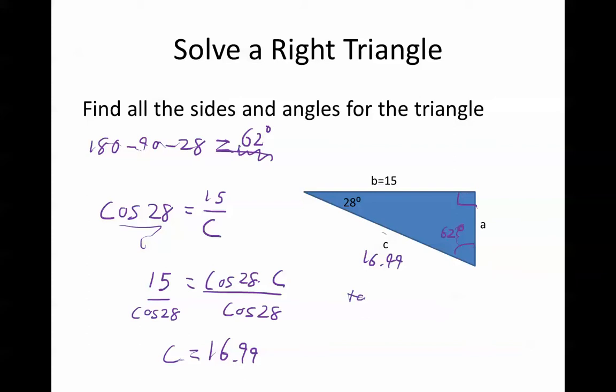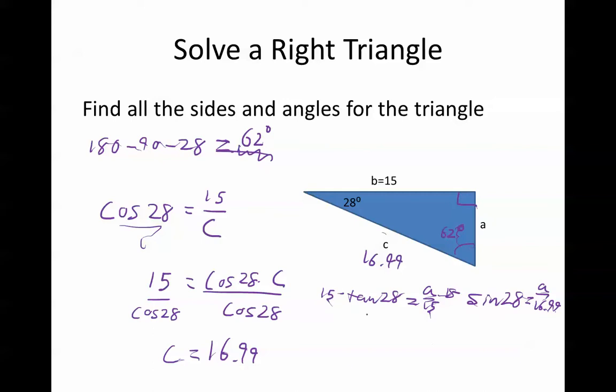I could do tangent of 28 equals a over 15, or I could do the sine of 28 equals a over 16.99. Either way, we're going to get the same answer, right? And either way, we're just multiplying by the denominator to find out what that value is.